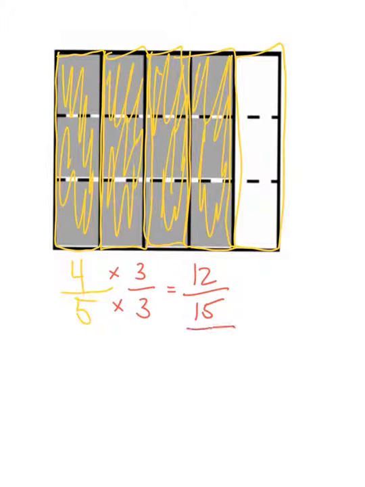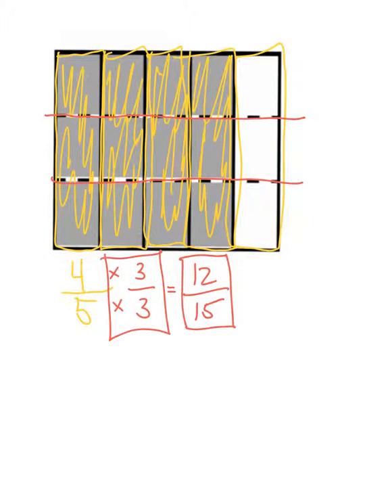Voila! There is our denominator of 15, and 12 have been shaded in to make our new equivalent fraction, because right here has been cut and right here has been cut. And now, because of those 3 rows, we multiplied by 3 to get 12/15.